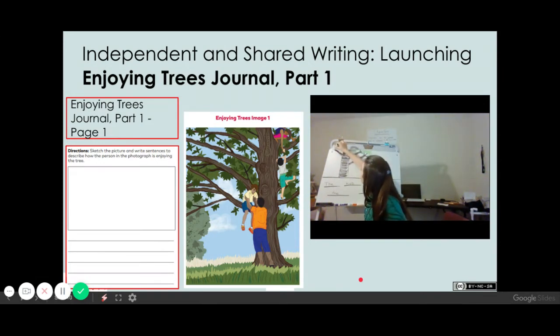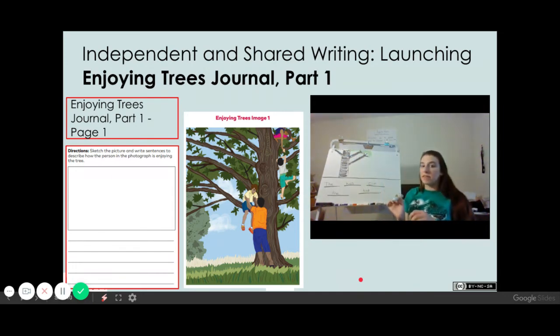Do some green. I know that trees can have leaves that are other colors as well, but I want my leaves to be big and green. Now, I've drawn my tree.